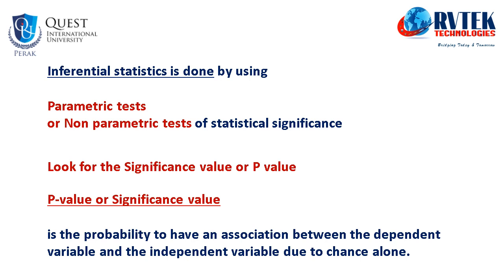P-value or significance value is the probability to have an association between the dependent variable and independent variable due to chance alone. Or in other terms, the probability to have a difference in different subgroups due to chance alone. That is the p-value.